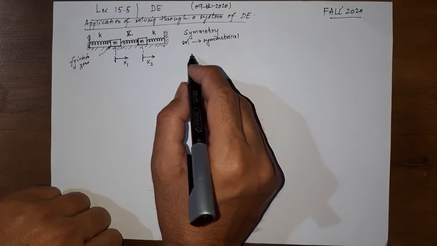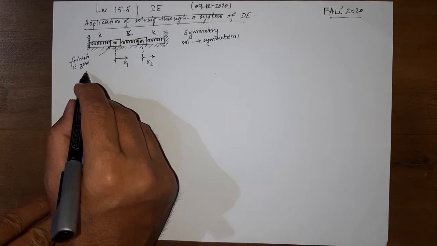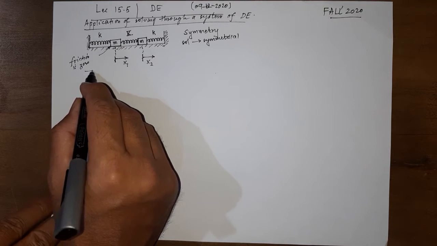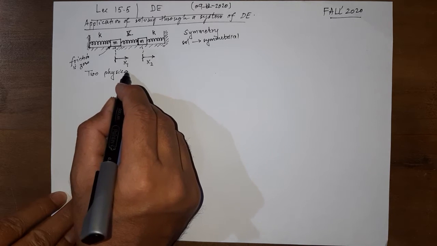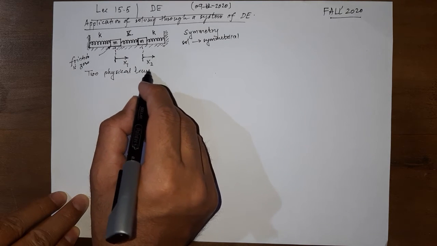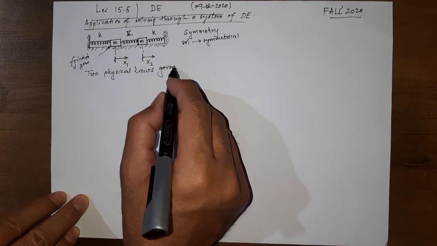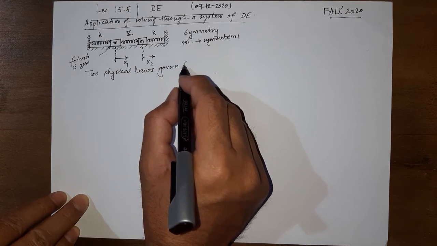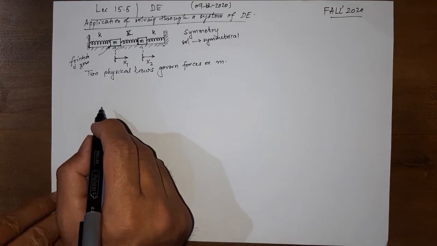So in order to come up with differential equations, we need to understand the forces on each of the masses. Then there are two physical laws that govern the forces on m.